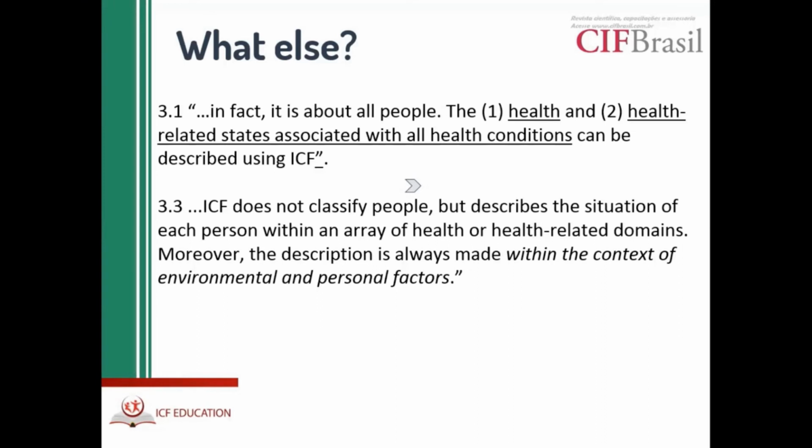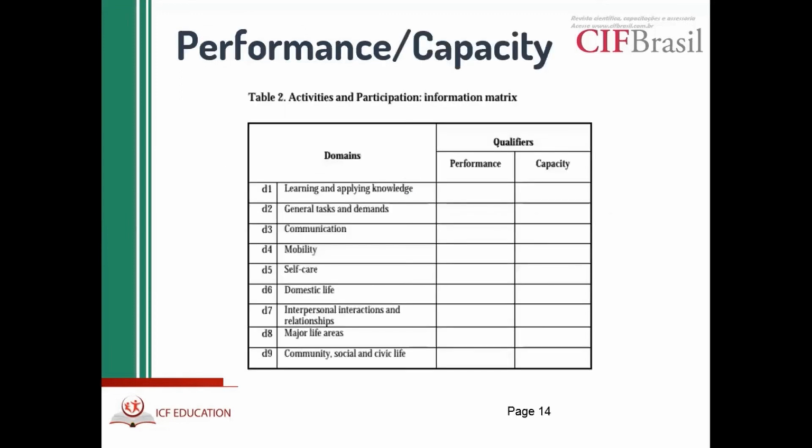The description is always made within the context of environmental and personal factors, not health condition. And ICF again, page 14: the main information matrix is performance and capacity, the two qualifiers in all of the chapters of activities and participation, all of them. We can't choose some, all of them.